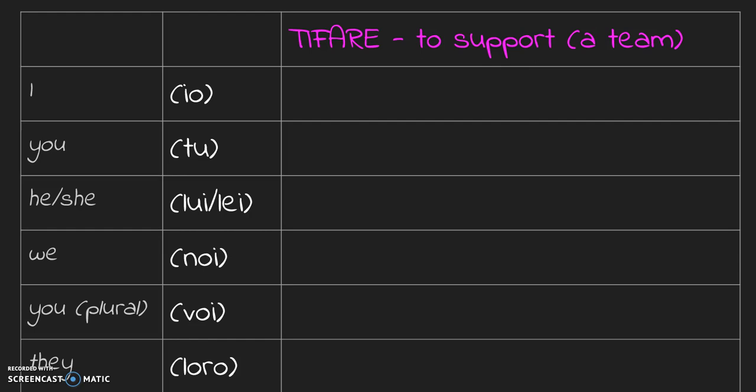So the first step that we need to take is to remove the infinitive ending. These are the last three letters of the verb, and in this case it's the are ending. So now that we've removed the ending, what we are left with is called the stem of the verb.